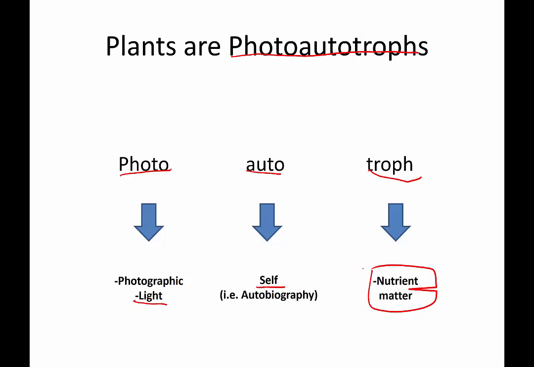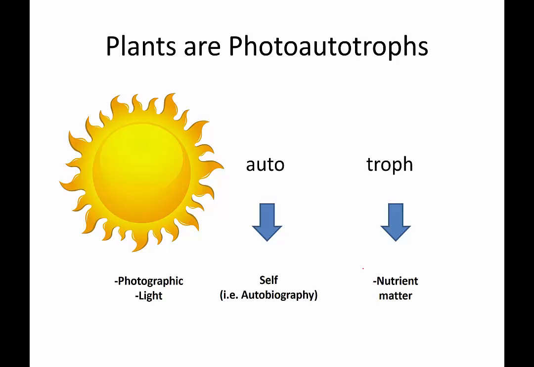Essentially, a plant is using light, it's doing something for itself, and that's related to food. This is a fancy way of saying that plants make their own food, and they make it through the process of photosynthesis. Of course, that light energy, as you all know, is energy from the sun. So that photo part, light, comes from the sun, and that's how plants get energy to do photosynthesis.